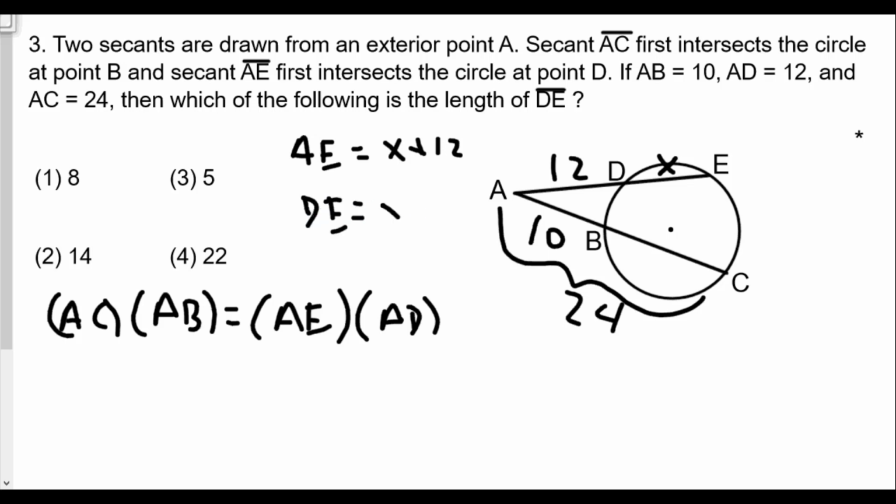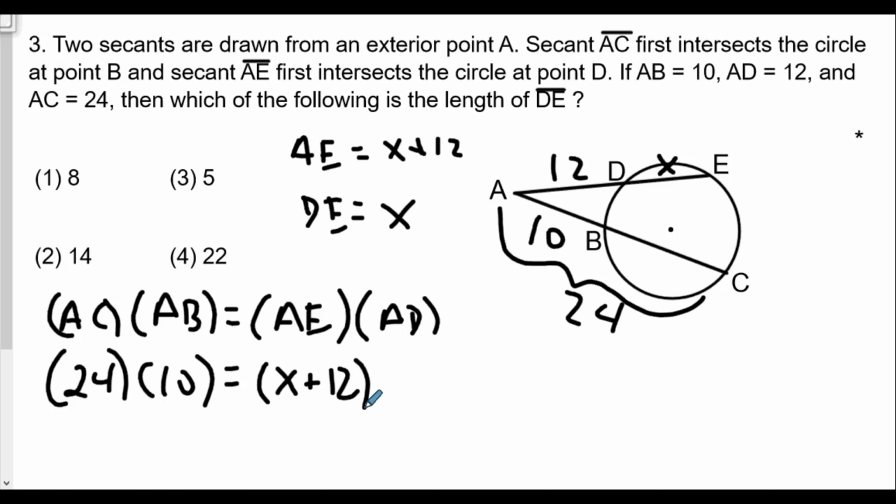So what we solve for x is what we're looking for. AC we're told is 24, AB is 10, AE is x plus 12, and AD is 12.